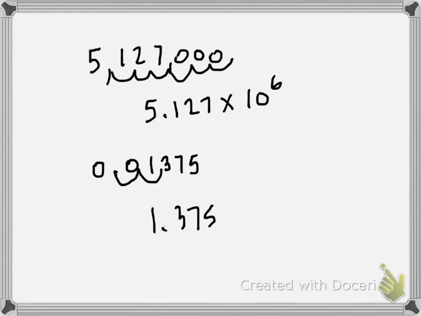If I start with a small number, then my exponent is going to be negative, because I moved the decimal 2 spots. So I'm going to use a -2 there. Okay, so for large numbers, I'm going to wind up with a positive exponent in my scientific notation number. For a small number, a decimal that's less than 1, I'm going to wind up with a negative exponent instead.